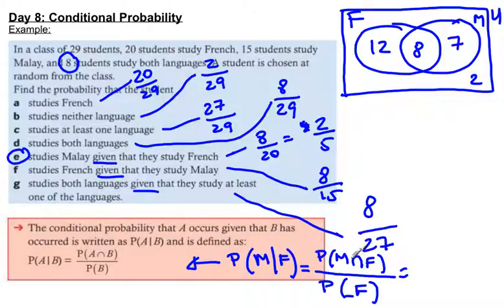So probability of M intersection F is 8 out of 29. I'm going to turn this big line into a dividing sign just to make it fit. Probability of F, so probability of French, is 20 out of 29.